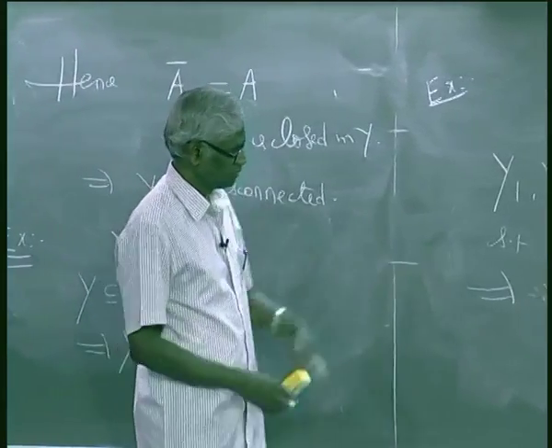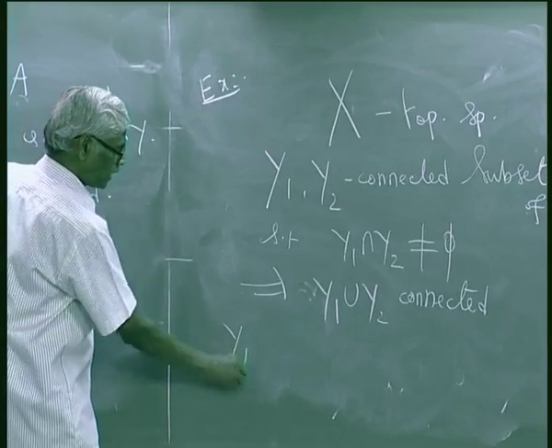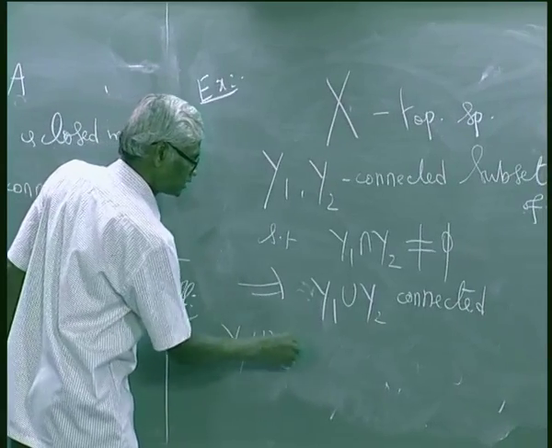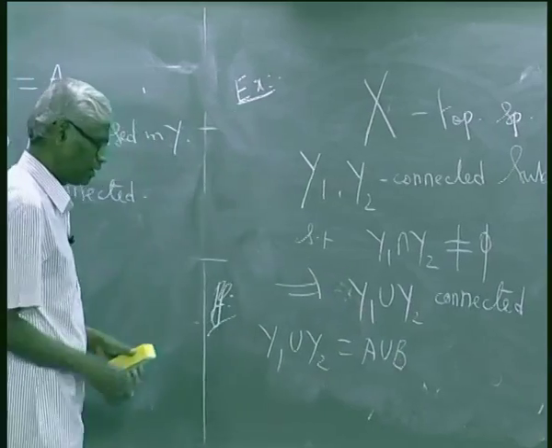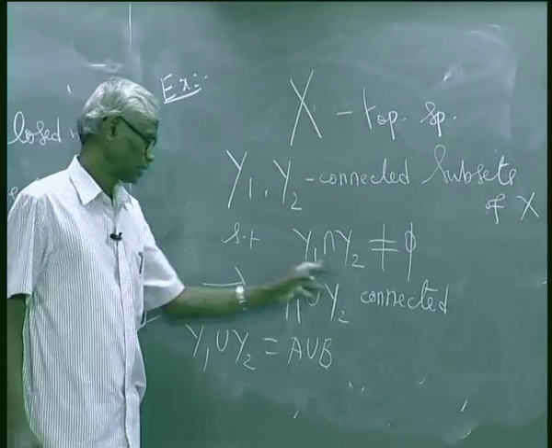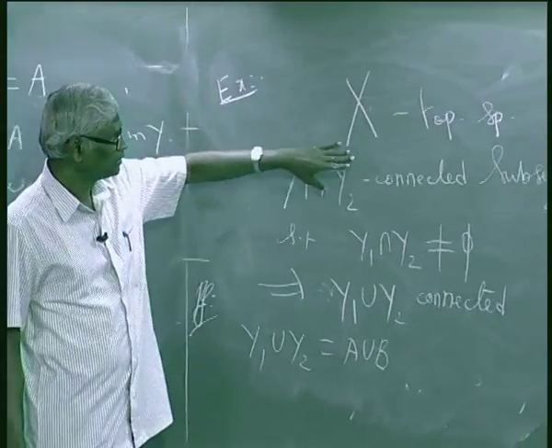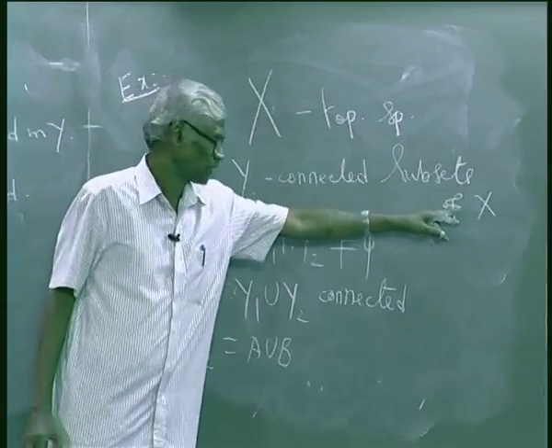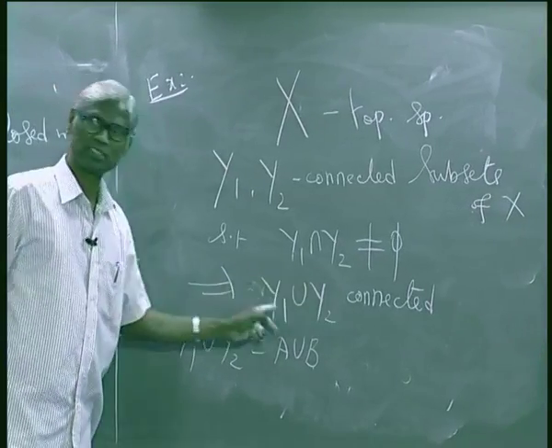Again we can prove this; just a hint. Suppose Y1 union Y2 has a separation, say A union B, where A and B are non-empty open sets in the union. Since Y1 and Y2 are connected subsets of X, they are also connected subsets of this subspace.